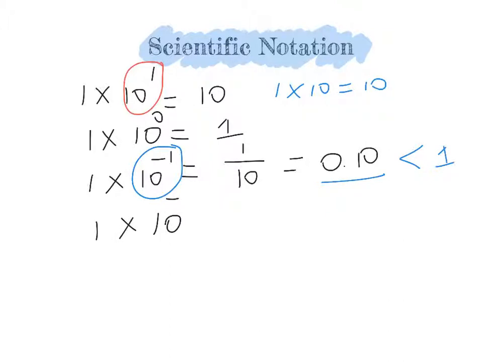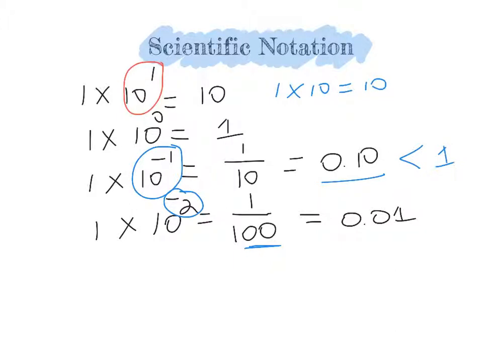Let's go a little bit further. 1 times 10 to the negative 2. We could express that as 1 over 100. So we're getting this negative 2, which is 2 zeros here, equals 0.01.